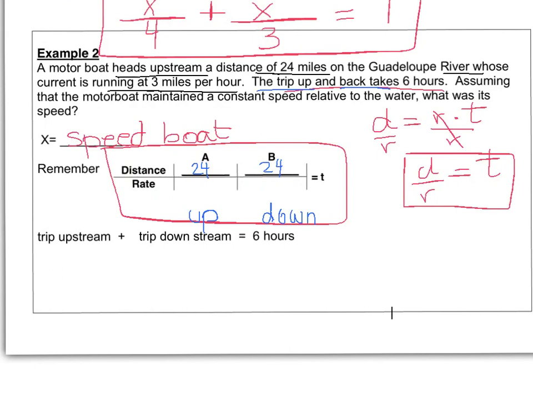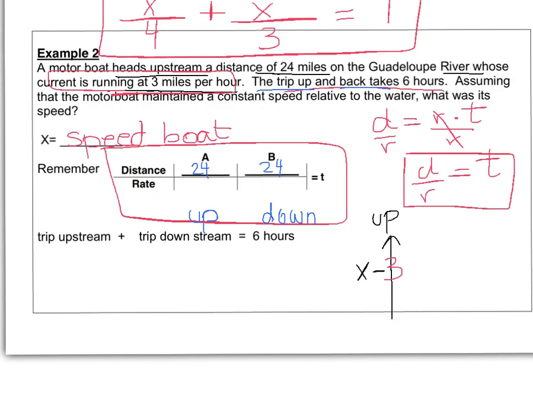So remember, every time you go upstream, the power of the river, or the current, is obstructing you. So for example, if it usually takes you x, you have to subtract from x the speed of the river, or the current. They told us that the current is running at 3 miles per hour. So if your speed is x, then your speed upstream is not going to be x anymore. It's going to be x minus 3. And that's the current not helping you.